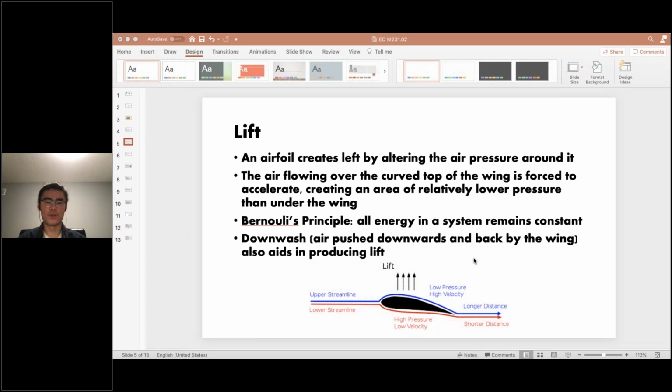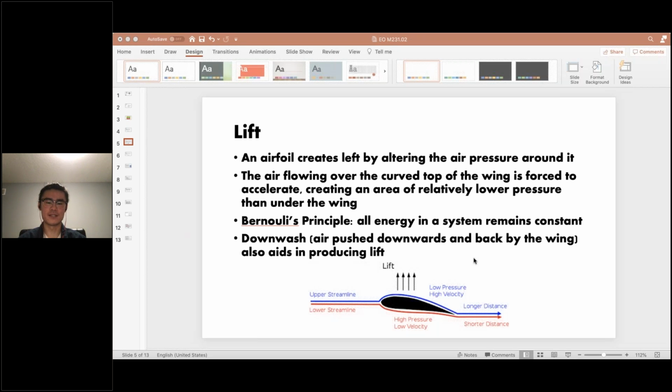But when they hit the front of this wing, they have to be separated. Because they love each other so much, they want to be reunited at the end of the airplane, right? And let's say Mrs. Air Molecule hits the upper streamline, and Mr.